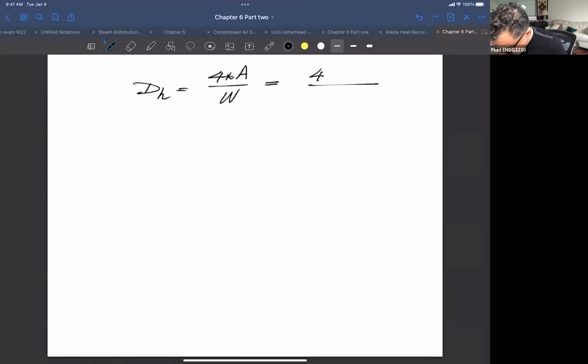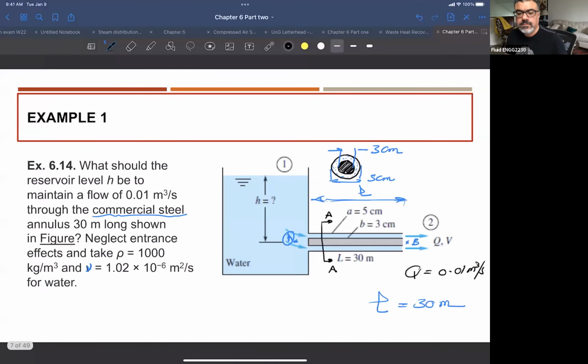Anyone? It's the area between the two circles.